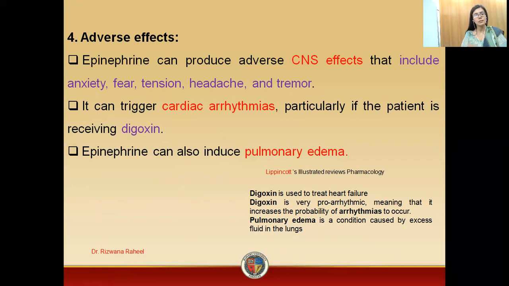So if the patient is taking digoxin, he may also possibly be suffering from arrhythmia, and epinephrine also has the ability to cause arrhythmia. So in this case, epinephrine will trigger the cardiac arrhythmias. Thirdly, epinephrine has the ability to induce pulmonary edema, that is excess fluid in the lungs.